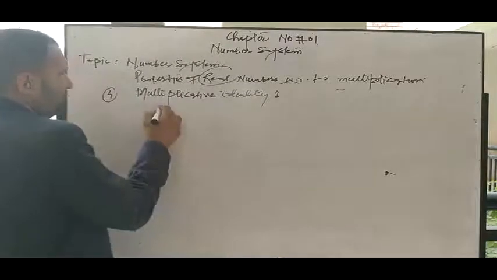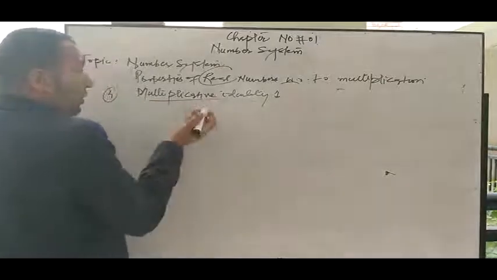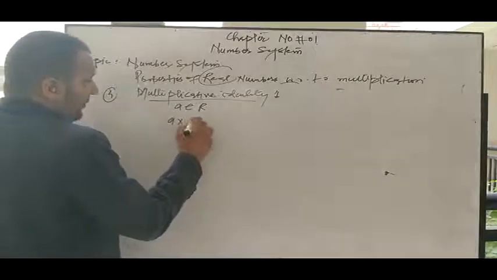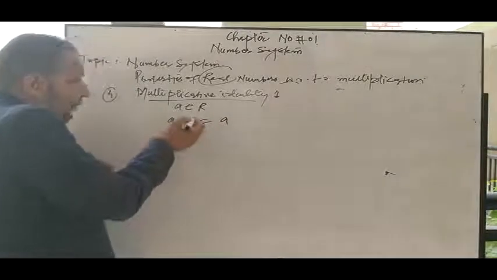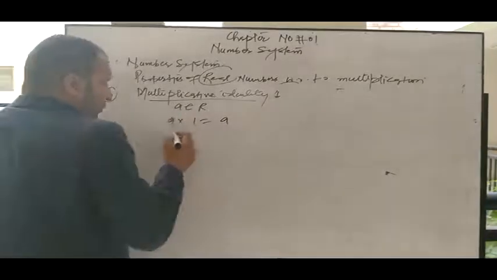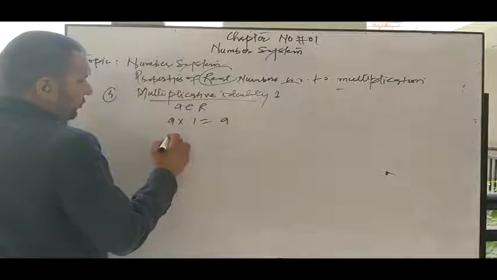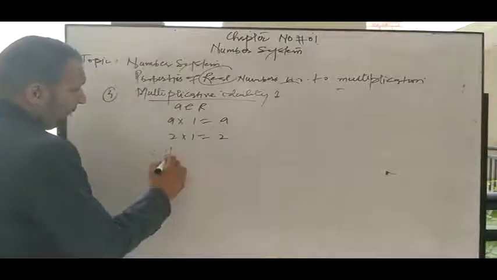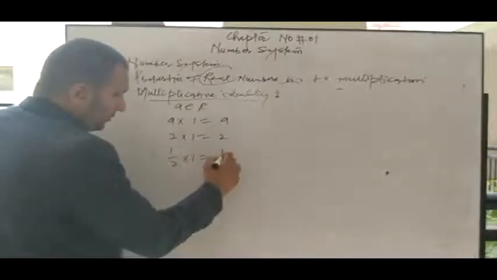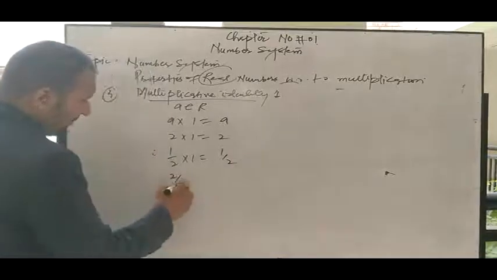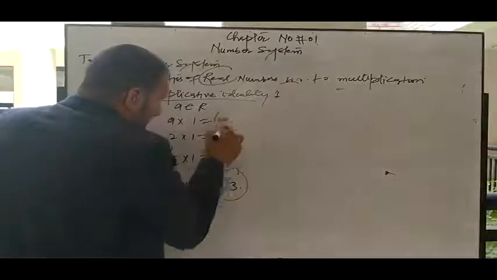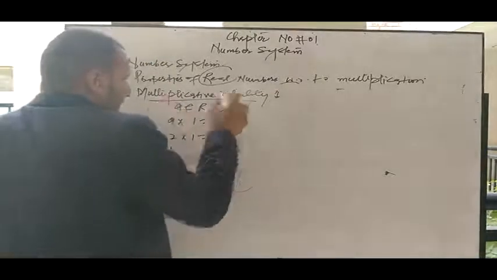Let's suppose this identity is satisfied with only one value, A belonging to real numbers. Let's suppose A multiply 1 is equal to A, we multiply 1 with A, but the statement of A does not change. Let A is equal to 2, multiply 1 is equal to 2. Again we take the fraction 1 upon 2 multiply 1 is equal to 1 upon 2. Again 2 upon 3 multiply 1 is equal to 2 upon 3. But the statement does not change, because the multiplicative identity is 1.